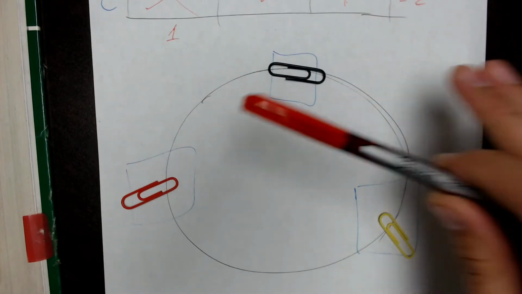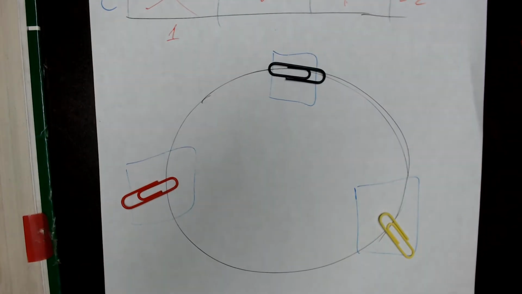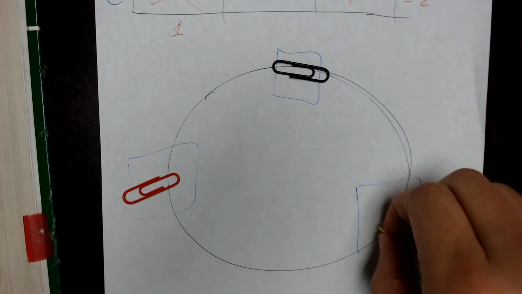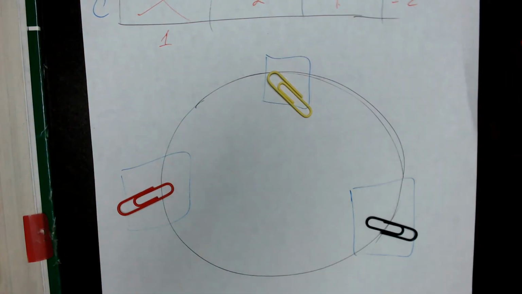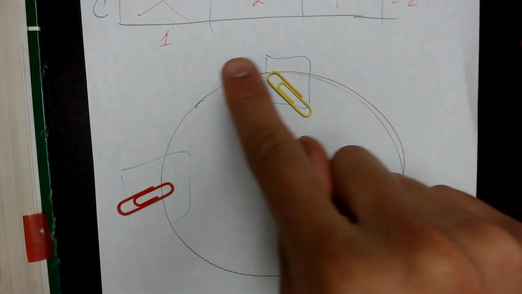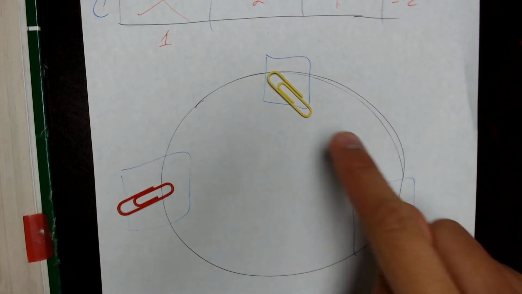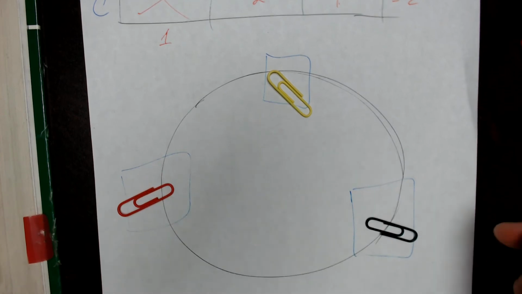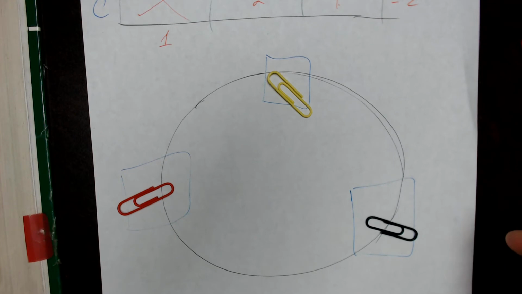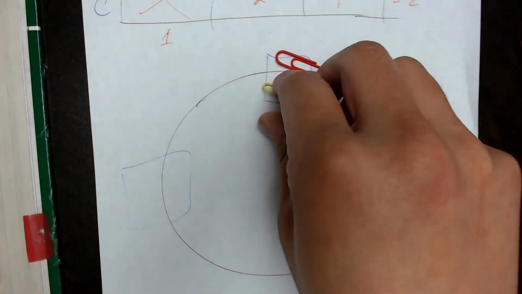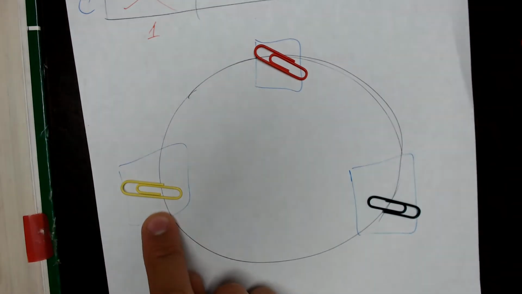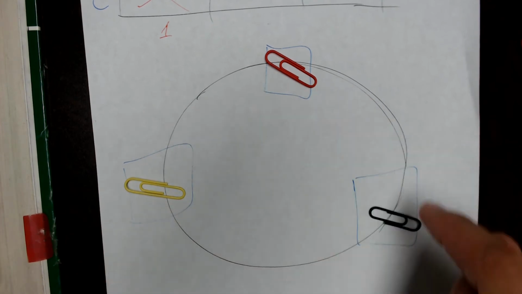And then we'll go ahead and look at the different ways I can shift this. The only way I can really change this up is if I do that, because if I'm going clockwise, I now have yellow, red, black, or yellow, black, red. And then if I try to switch these, I'm back to the original permutation, yellow, red, black.